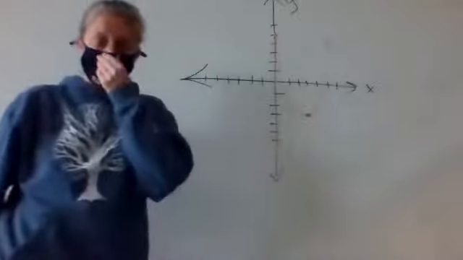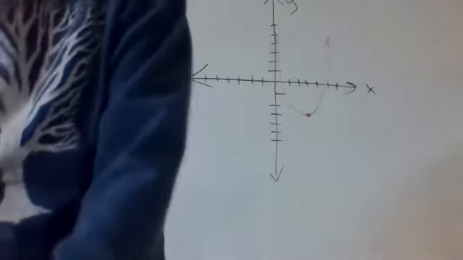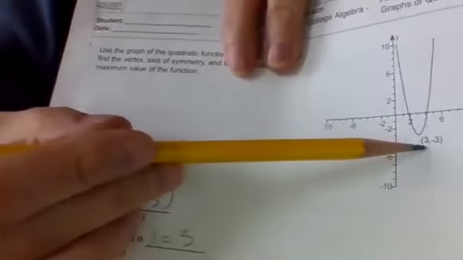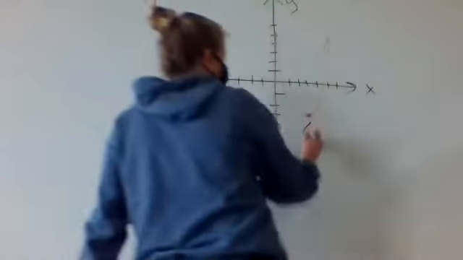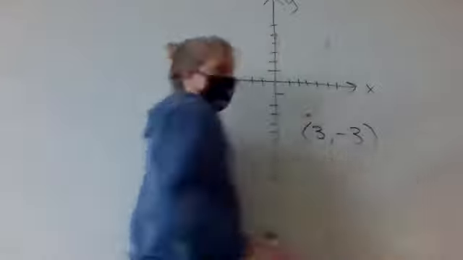So it gives you a picture of a parabola that looks like this. And then do you see how on it, it also tells you this point right here. That 3, -3 is naming the vertex. It's calling this point, saying it's at 3, -3.